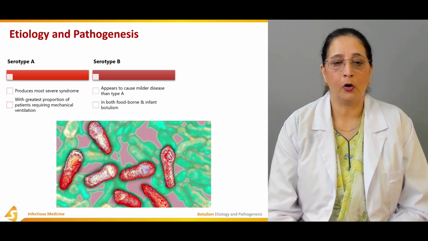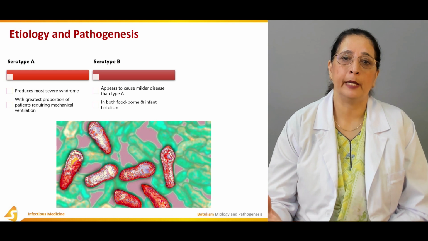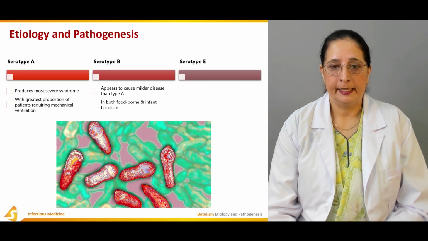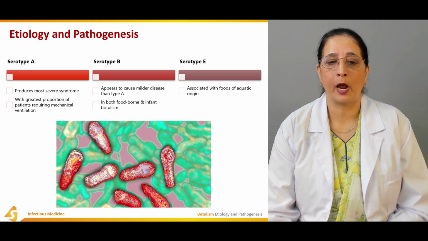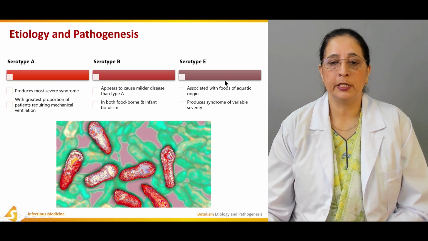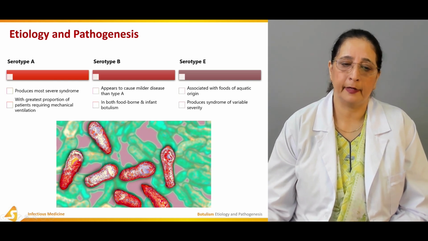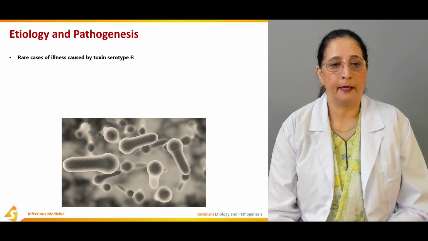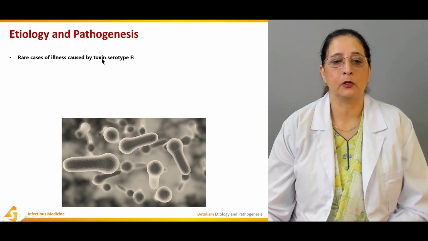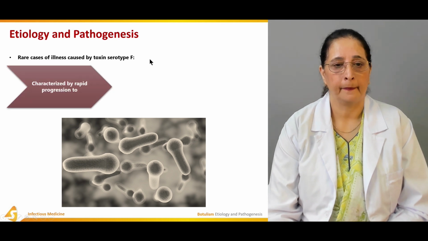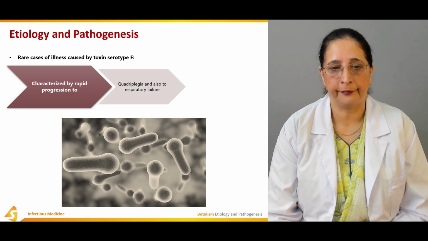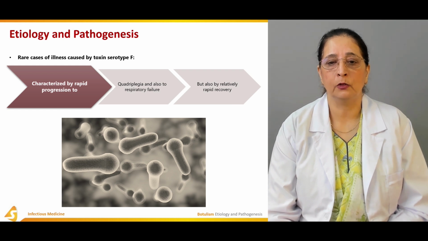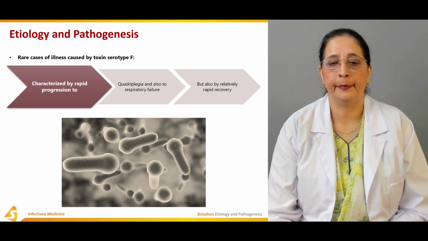In both food-borne and infant botulism, serotype B is involved. Next, serotype E, associated with foods of aquatic origin, produces a syndrome of variable severity. Then there are rare cases of illness caused by serotype F, characterized by rapid progression to quadriplegia and respiratory failure, and also by relatively rapid recovery.